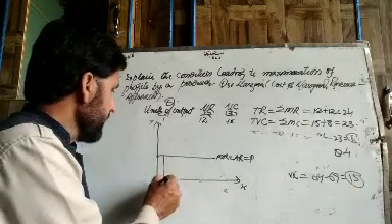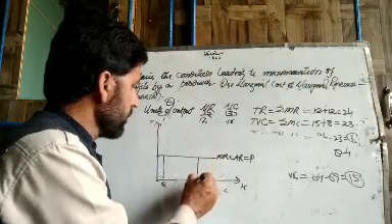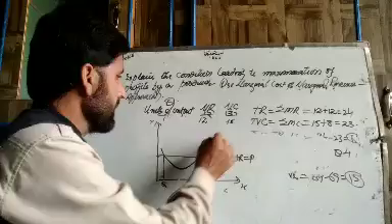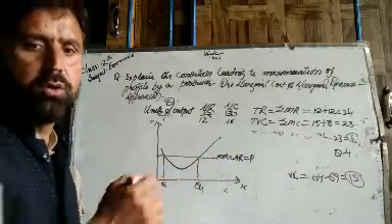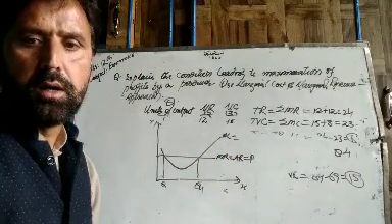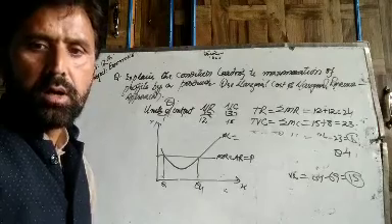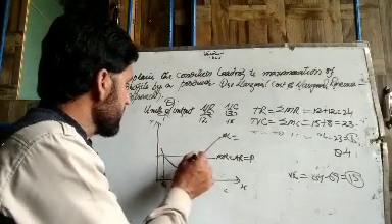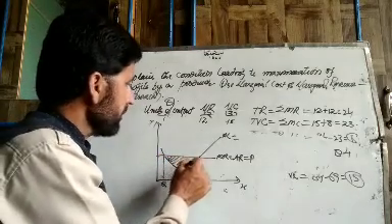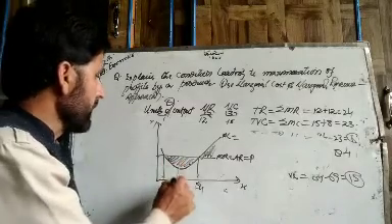When quantity demanded rises from Q to Q1, this curve is called MC, the cost of additional units.